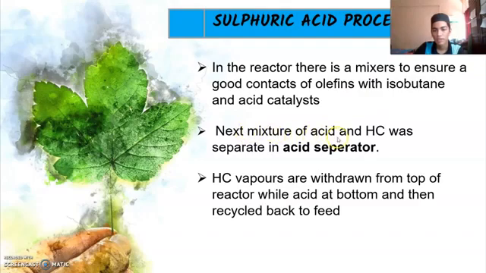The mixture of acid and hydrocarbon will then separate in the acid separator. The hydrocarbon vapors are withdrawn from the top, while the acid at the bottom is recycled back to the feed at the first reactor.